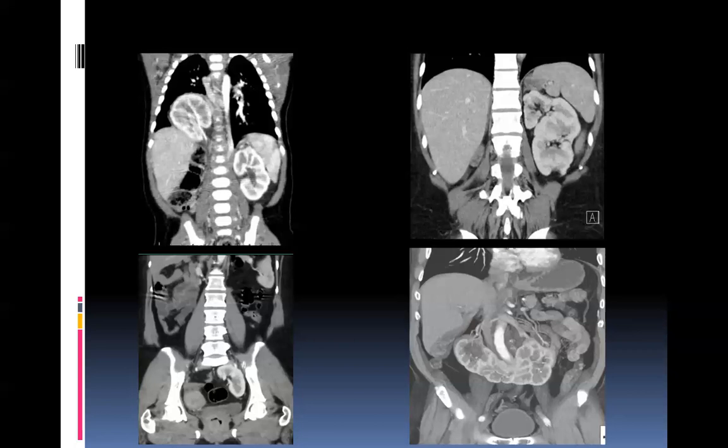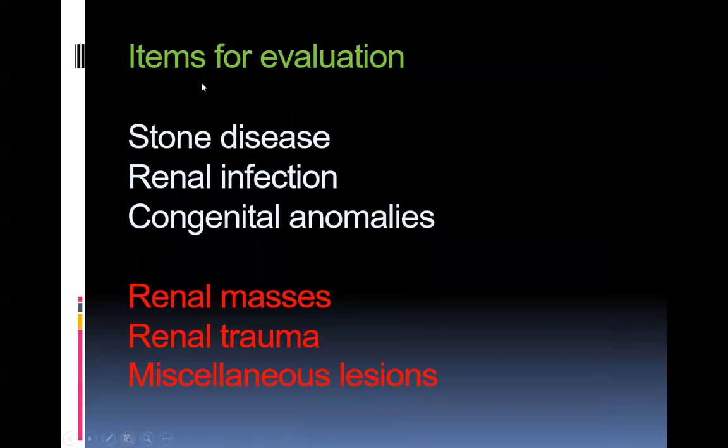Obviously they are malrotated, and there are more chances of stasis of urine, infection, stone formation, and also malignancy, the renal cell carcinoma. You'll see examples of this later. This is when you have the kidneys lying together, fused in front of the spine. So we discussed all this.